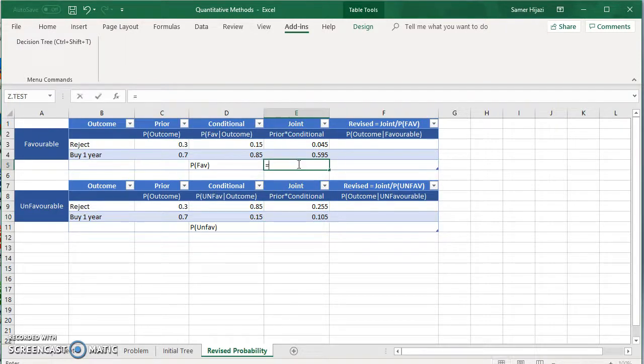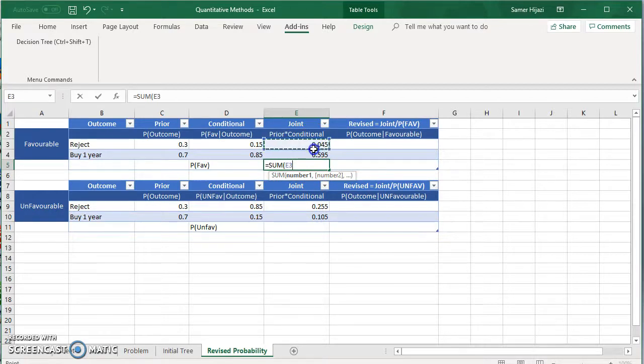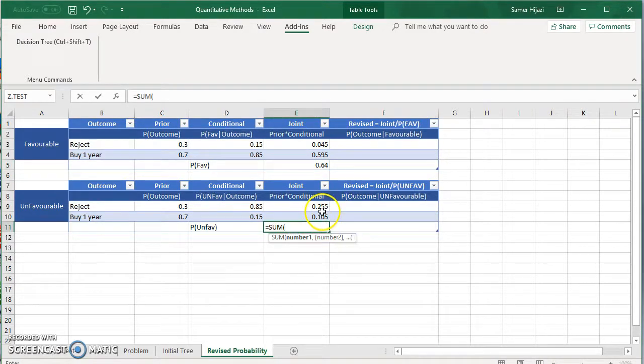If we add these two values, we should get the probability of the favorable, which is 0.64. And if we add these two values, we should get the probability of the unfavorable, which is 1 minus the probability of the favorable. So if you add these two, you should get 1. Now we come to the revised probability. It says what?